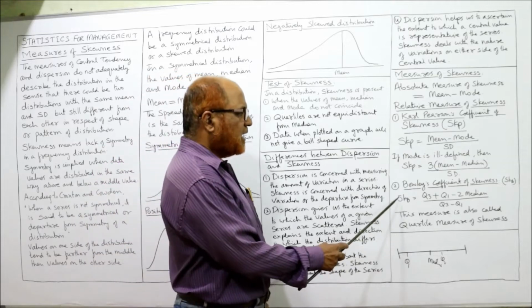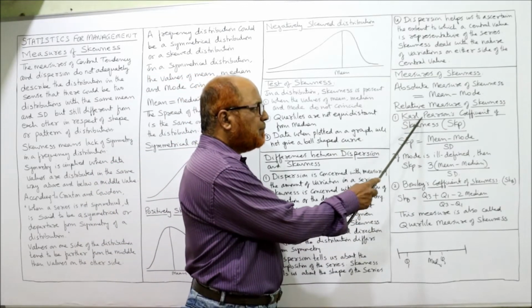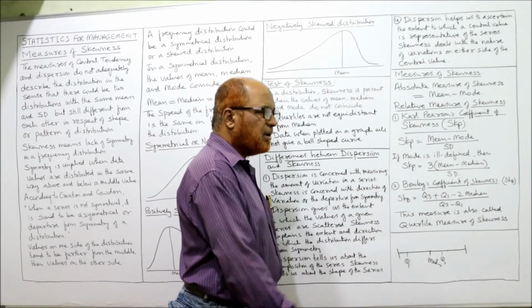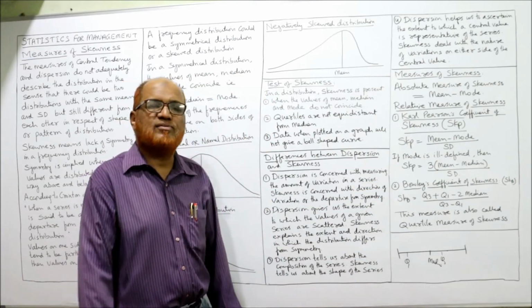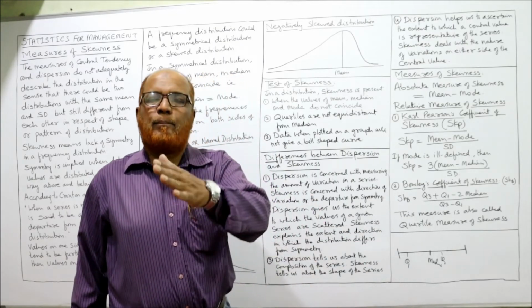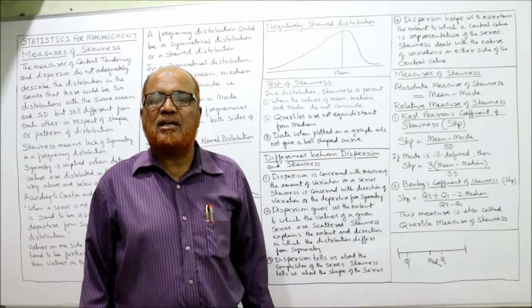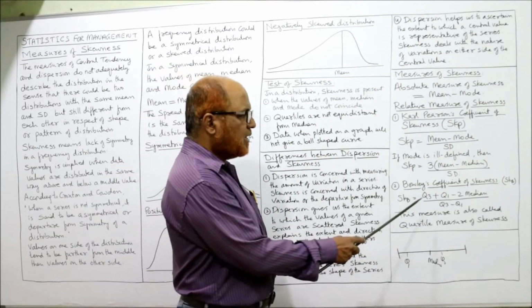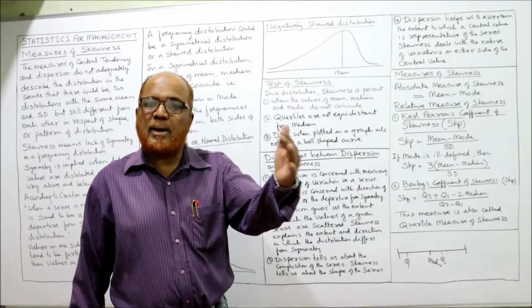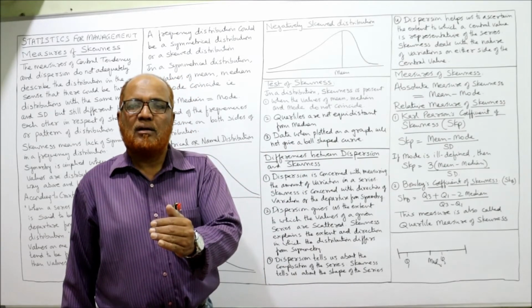SKP is the symbol for Pearson and SKB is the symbol for Bowley's coefficient of skewness. SKB is equal to Q3 plus Q1 minus 2 median divided by Q3 minus Q1. Q3 stands for upper quartile and Q1 stands for lower quartile.